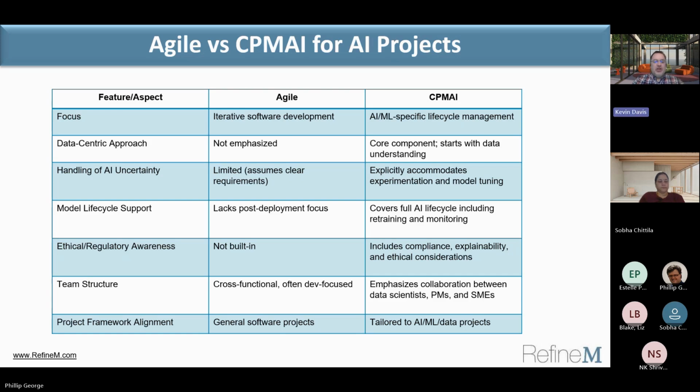Team structure: Agile is cross-functional, often dev-focused. CPMAI offers collaboration between data scientists, PMs, and SMEs. And finally, with project framework alignment, Agile is usually general software-based, whereas CPMAI is tailored to AI/ML data projects. Next slide, please.